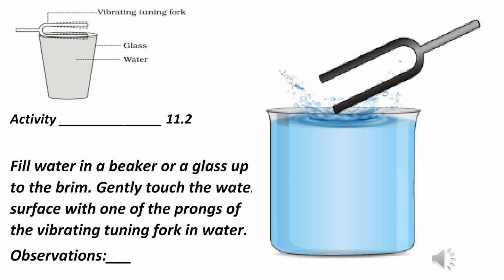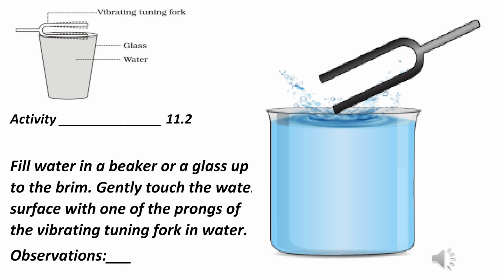And one more activity, 11.2, which is there in your textbook. Please fill water in a beaker or a glass up to the brim and gently touch the water surface with one of the prongs of the vibrating tuning fork. Here the vibrating tuning fork is there.